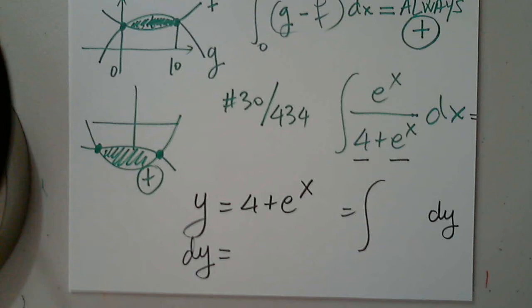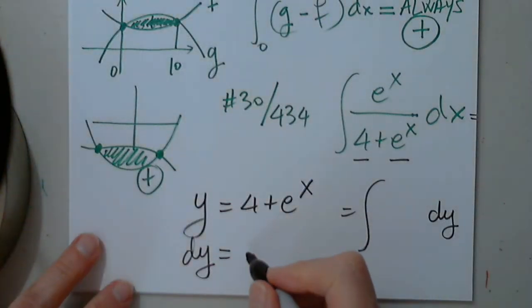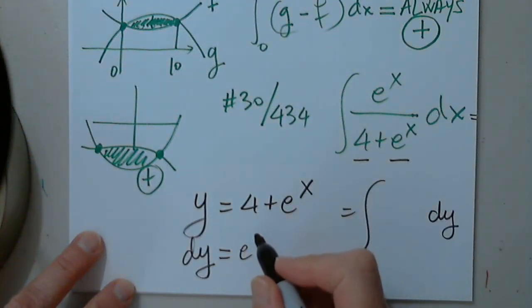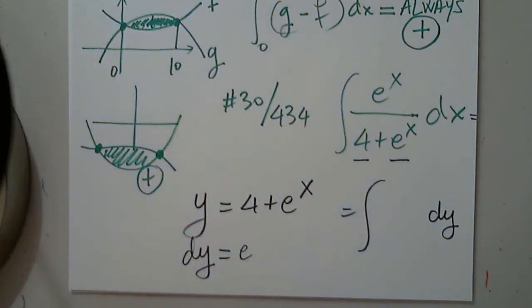E to the x. Not enough. Good, but not enough. 4x plus e to the x. No. E to the x over x. No. E to the x over y. No.